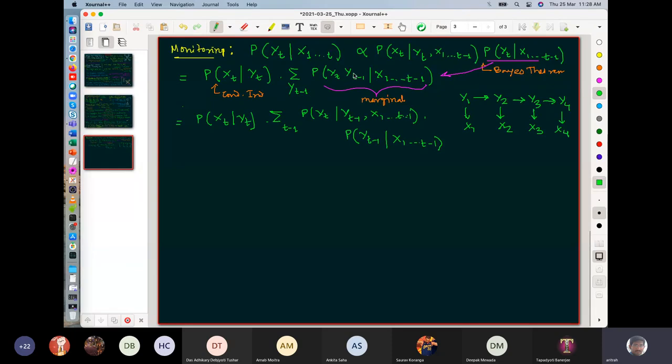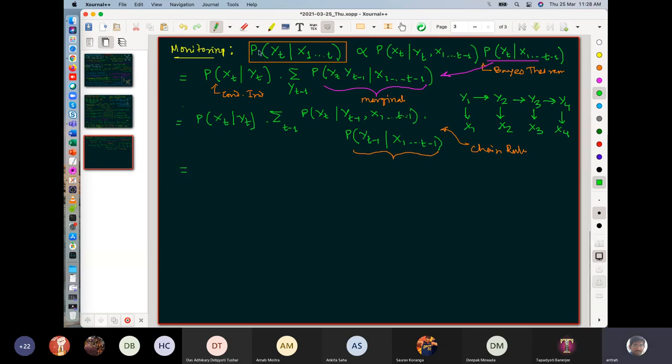This is the chain rule. Now you can somehow predict what I want to do, because this is a recursive term that I get, considering the one where I started off.